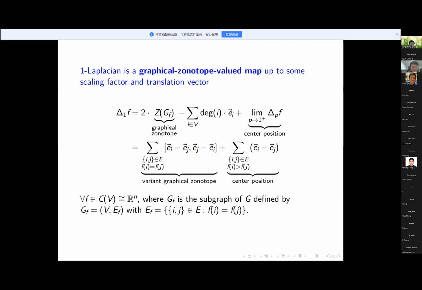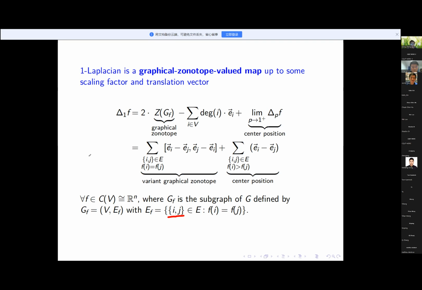It is in fact a graphical zonotope of some subgraph G_f of G. Here, G_f is a subgraph defined on the vertex set, and ij is an edge of G_f if and only if ij is an edge of the graph G and f_i equals f_j, and we can reformulate it by the variant graphical zonotope with the translation to the center position. This center position is obtained by taking the limit of the p-Laplacian acting on f as p tends to 1.